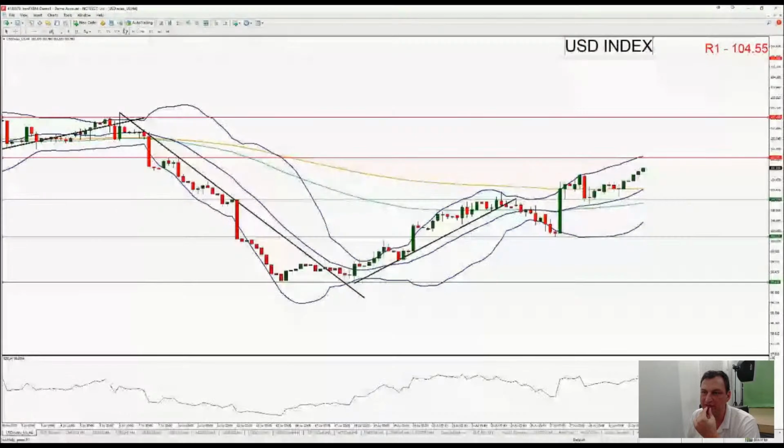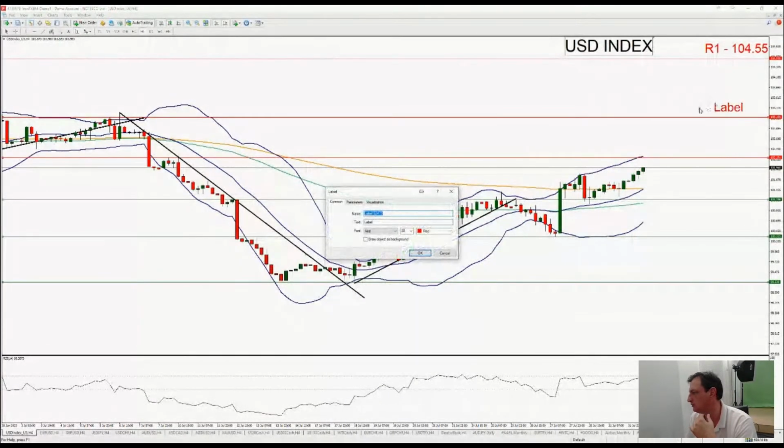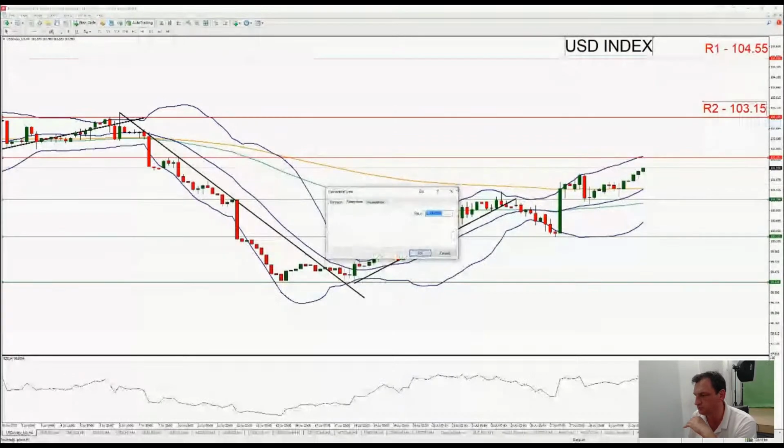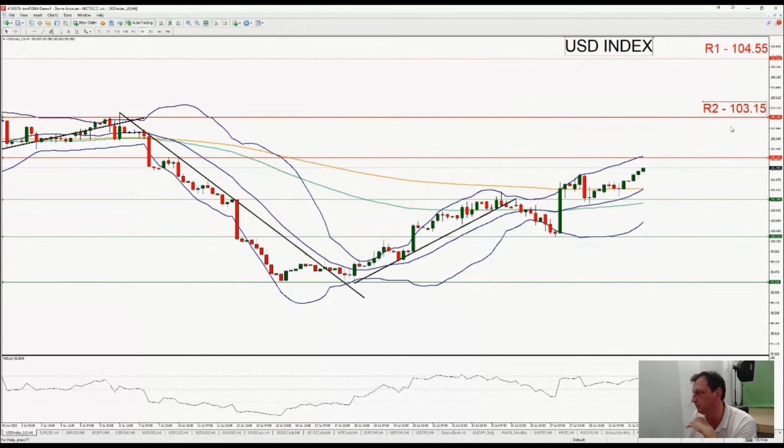Let's have a look also at the second resistance line. 103.15. Let's verify it before we lock anything in. Yep, half a pip lower. Okay, locking it in.